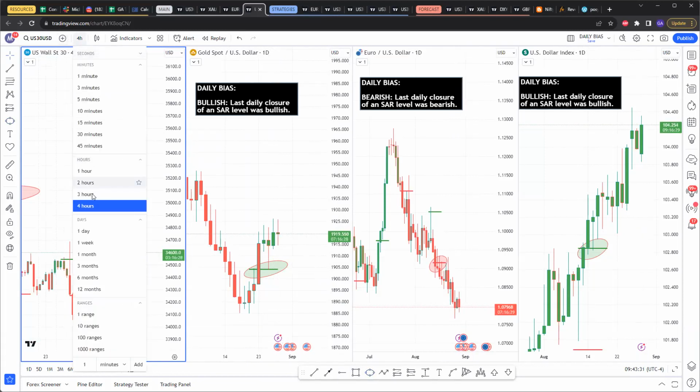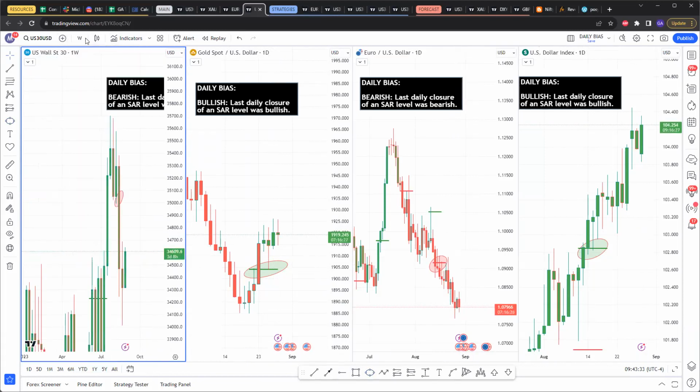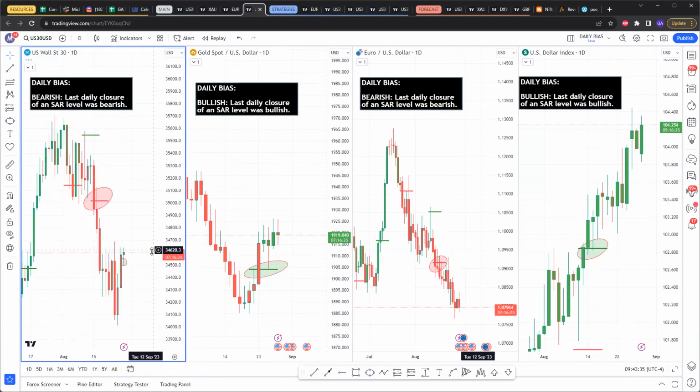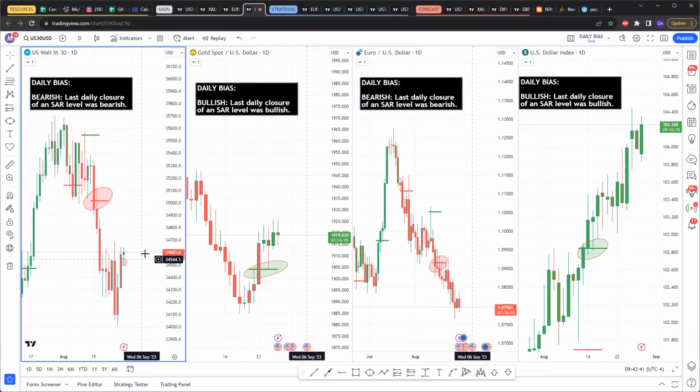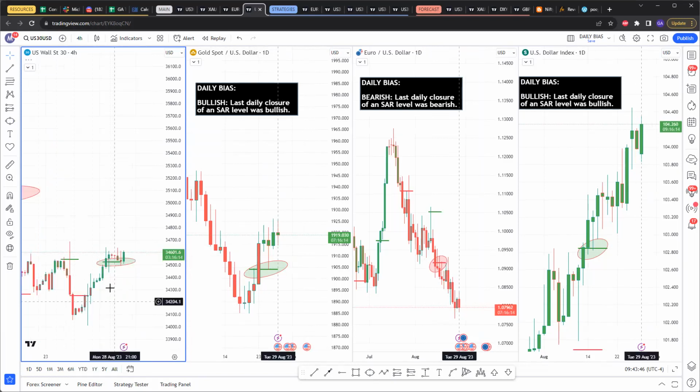But if we get a daily buy SAR, same thing we got here for gold, on the day it's being formed, even before it closes, I will go down to the 4-hour and start looking for buy entries. I'll look for something like this. If we've already formed another one, well and good.